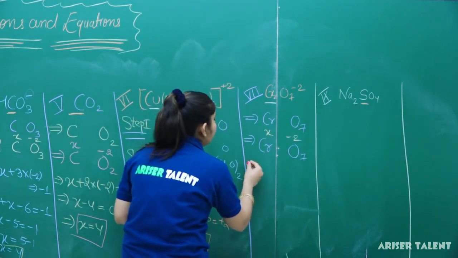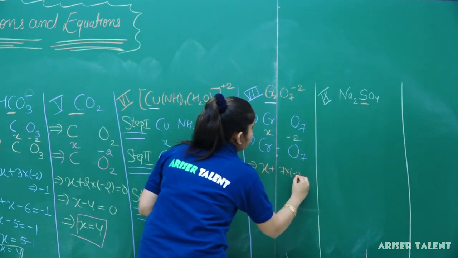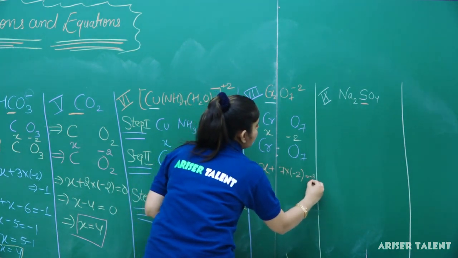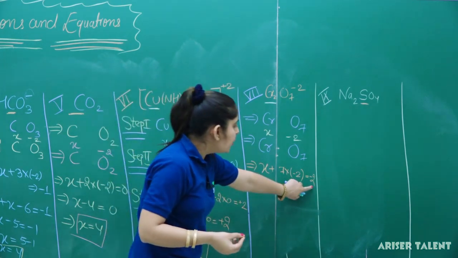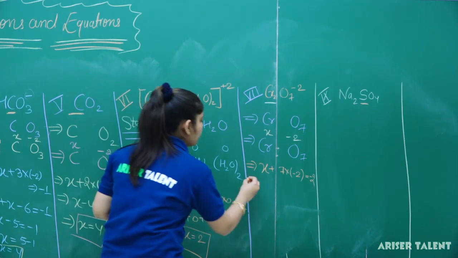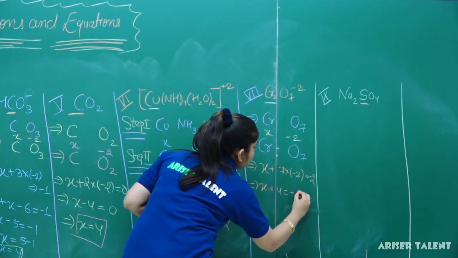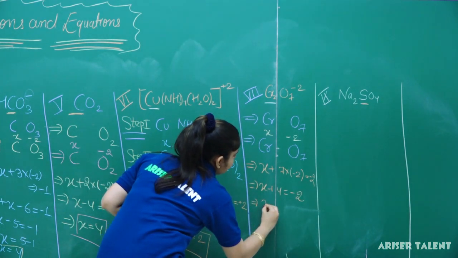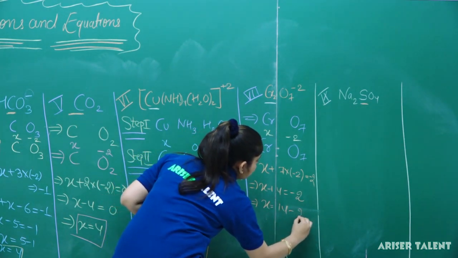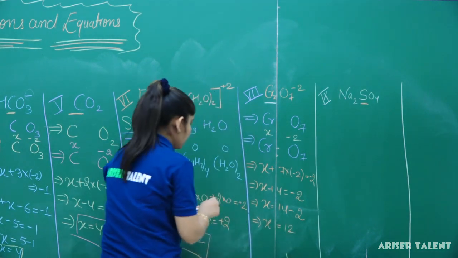Now X plus 7 into -2 will be equal to -2. I am putting -2 here because the charge on that particular ion is -2. So we get X minus 14 equal to -2, X is equal to 14 minus 2, and it came out to be X equal to 12.